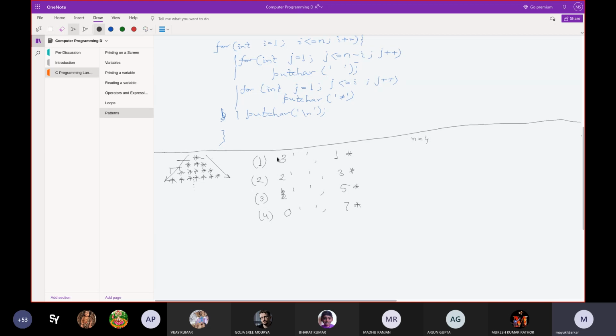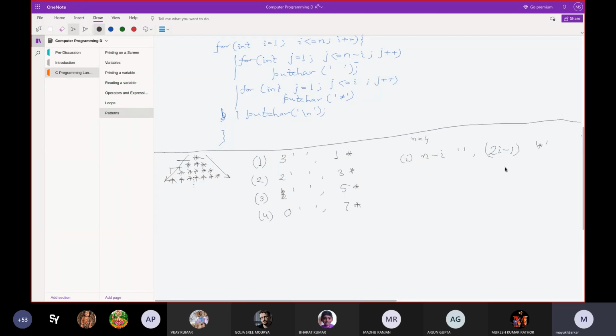So this number of spaces is exactly like the previous one. On the ith row, there are n minus i spaces, whereas 2i minus 1 stars. Observe the pattern: just like the previous one, n minus i spaces, and 2i minus 1 stars.